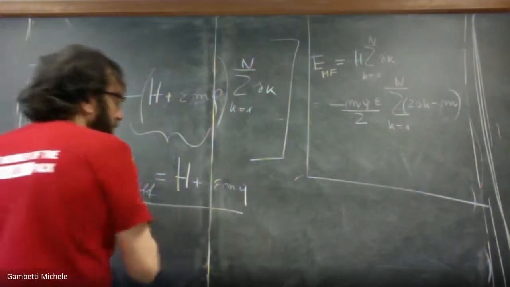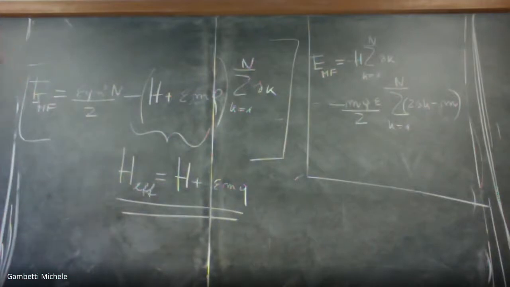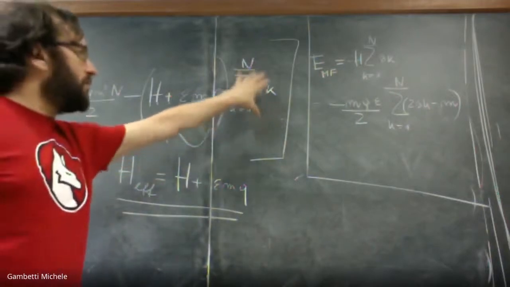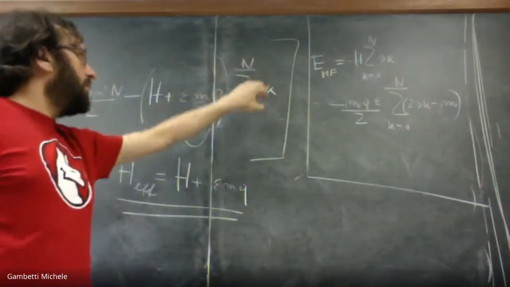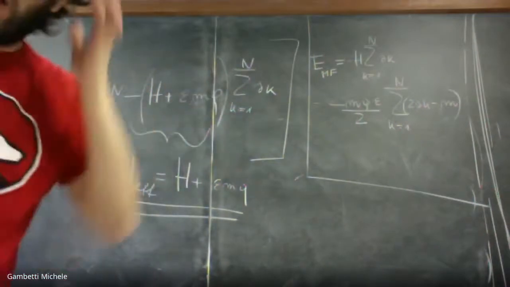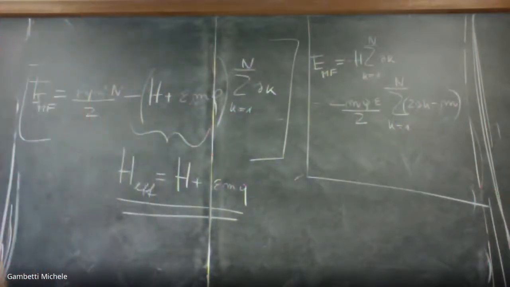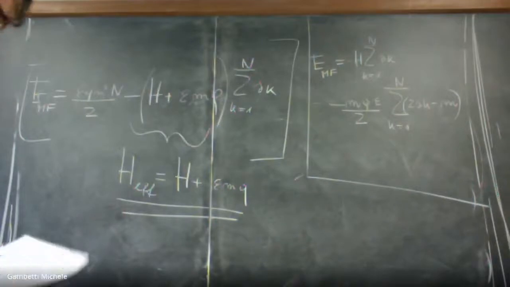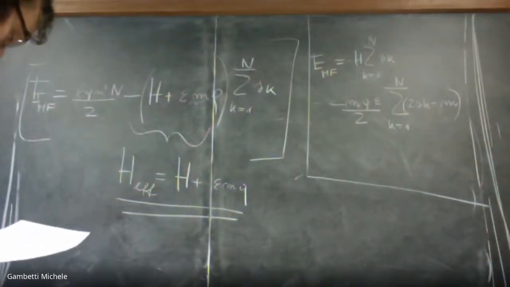So we call this effective h. The structure is the total sum times a certain quantity, which I can interpret as a sort of effective magnetic field.